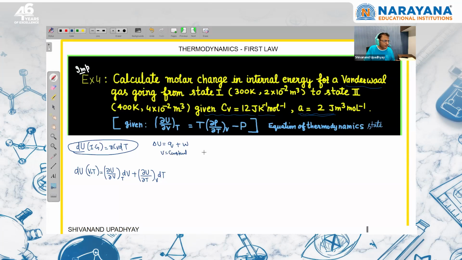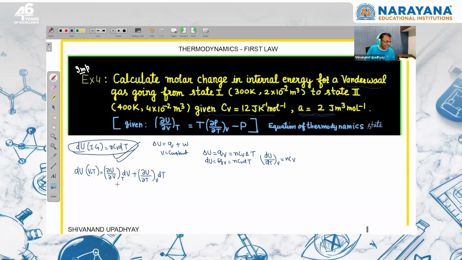This is expansion-compression work. So we can write that delta U is equal to QV. And we know that QV is equal to nCv delta T, right? Or for a small change, we can write that dU is equal to del QV, which is equal to nCv dT. So from here, we can write that dU upon dT at constant volume is equal to nCv. That's how this is derived using this equation.